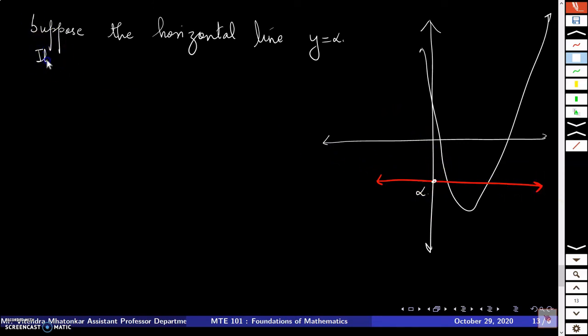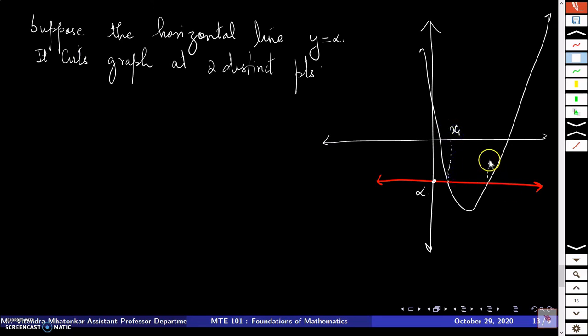So it cuts the graph at two distinct points, right? So let's say the x coordinate where it cuts this point of the graph is x1, and where it cuts this one is x2. Okay, so it cuts the graph at two distinct points, and which are the points?